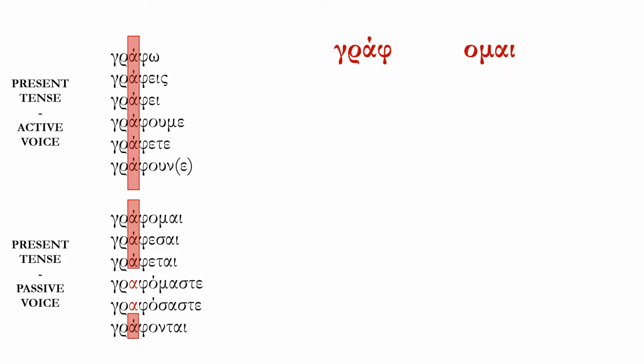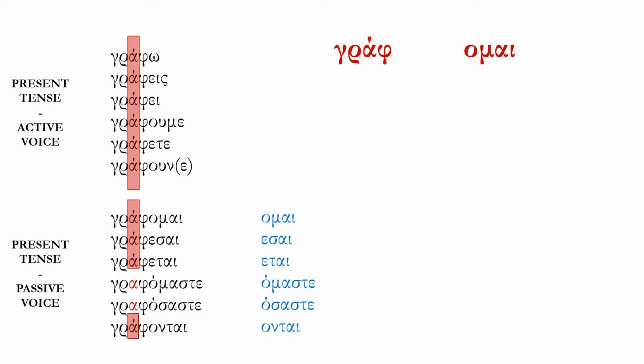Now let's take a closer look at this passive voice. You can see at the top we've got graf, and on the right side we've got ome, grafome. I am written. Well, if we look at the table at the bottom, and now it's here in blue, let's take a look at these endings because actually we have seen these before. We'll separate them from there.